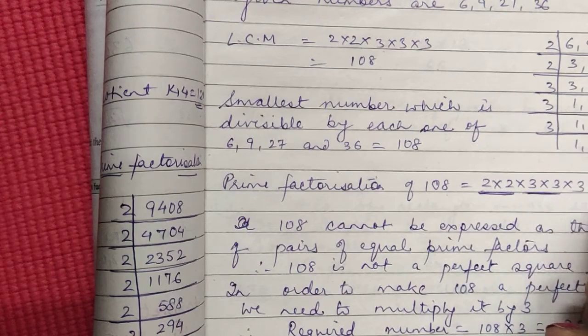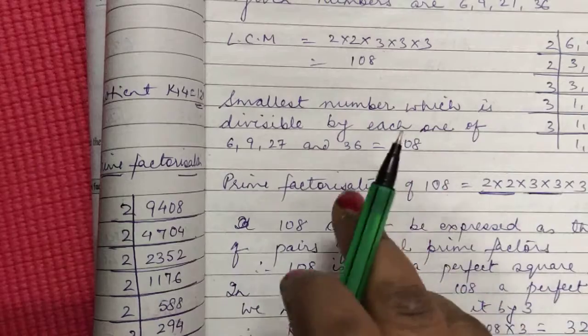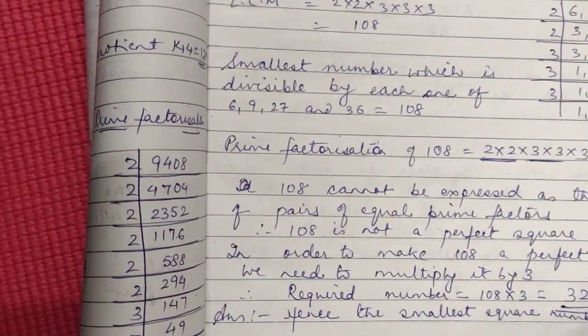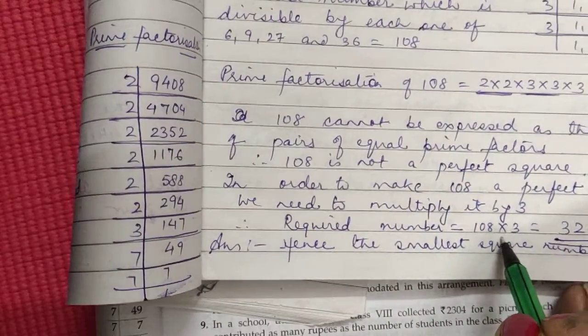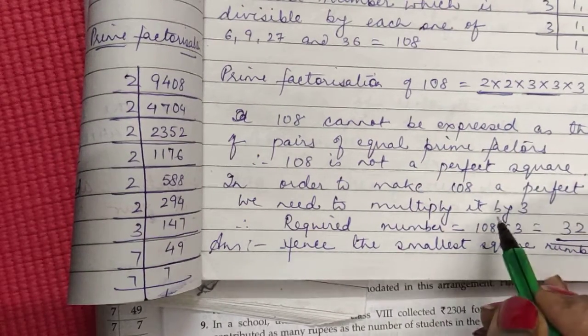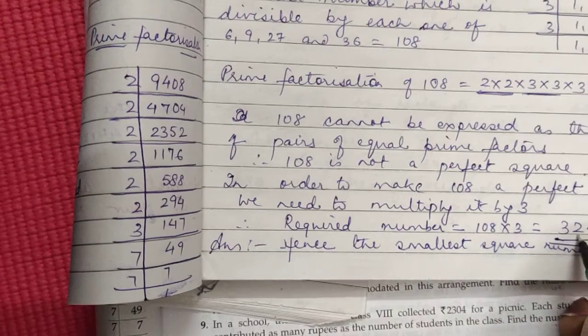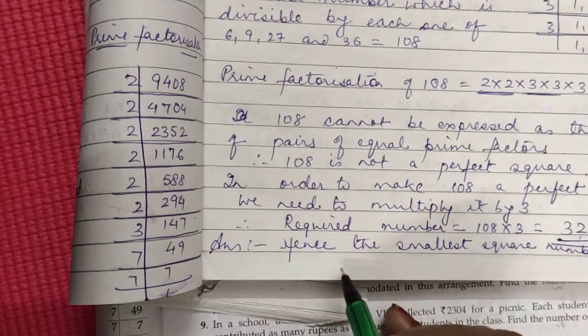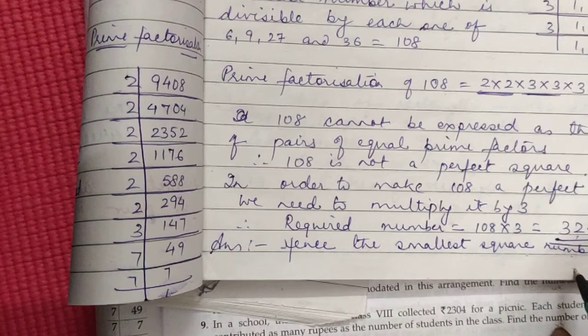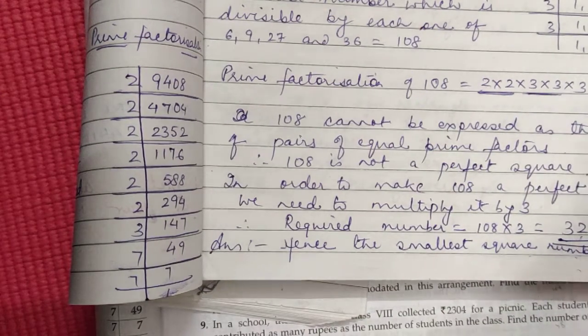So to make it a perfect square, we will multiply this number 108 by 3. 108 into 3 is 324. So the smallest square number by which all these 4 numbers will be divisible is 324.